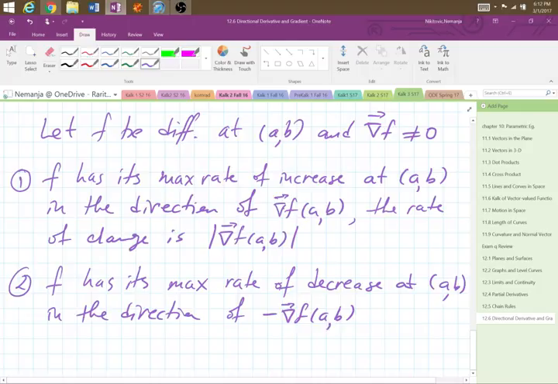So that's the steepest way down. The rate of change is the negative of the absolute value, the negative magnitude.